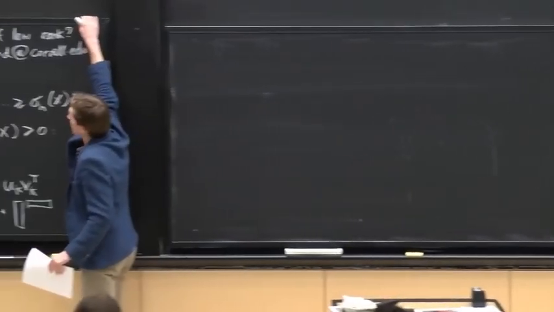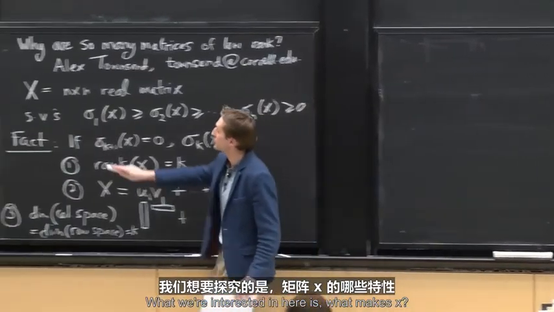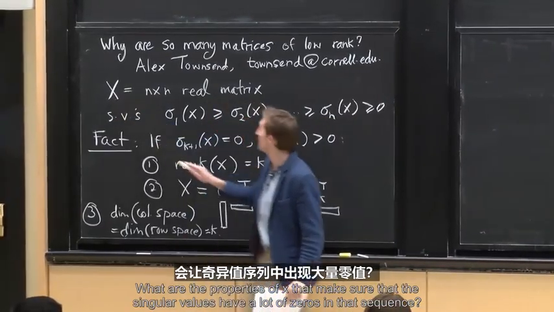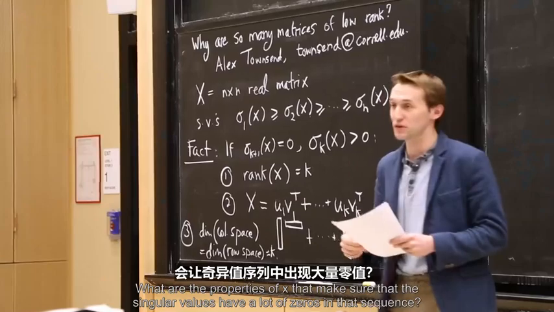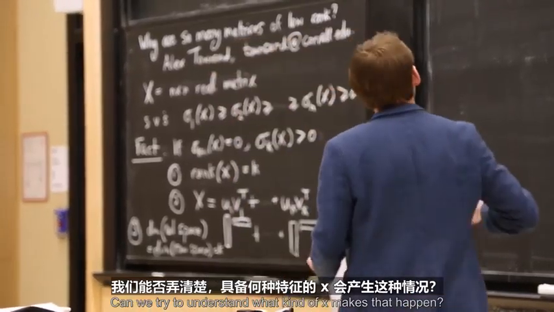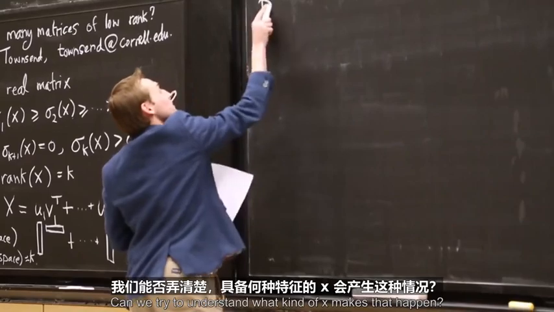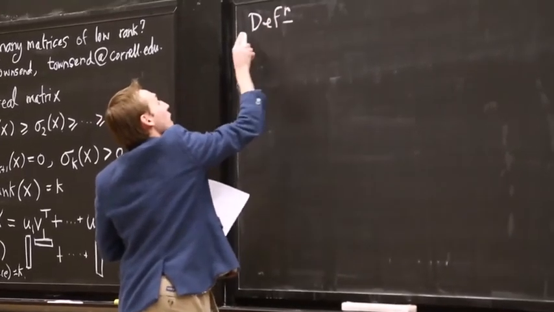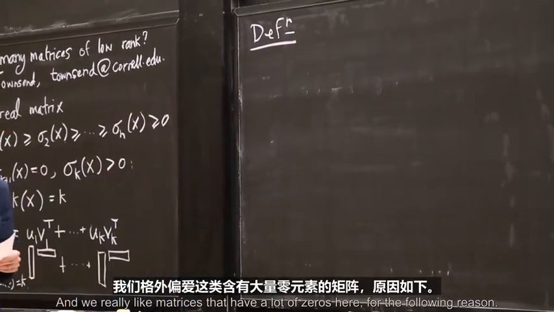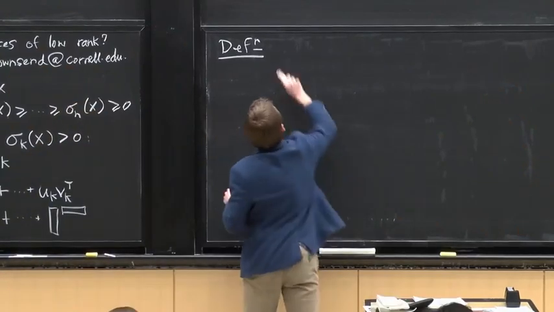What we're interested in here is, what are the properties of X that make sure that the singular values have a lot of zeros in that sequence? Can we try to understand what kind of X makes that happen? And we really like matrices that have a lot of zeros here for the following reason.